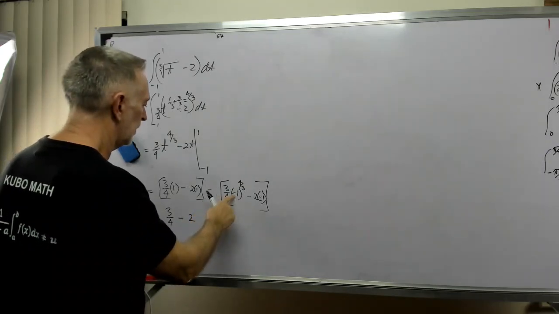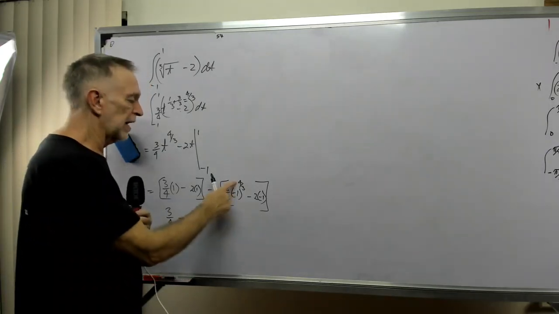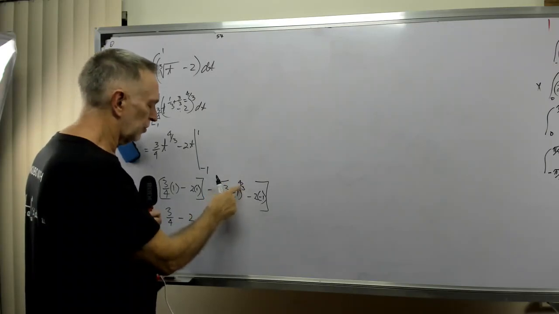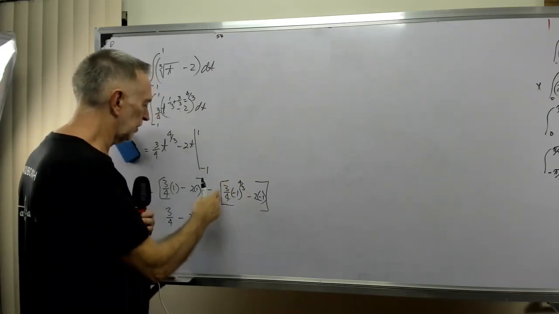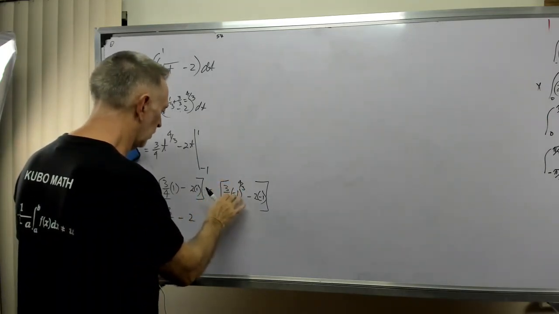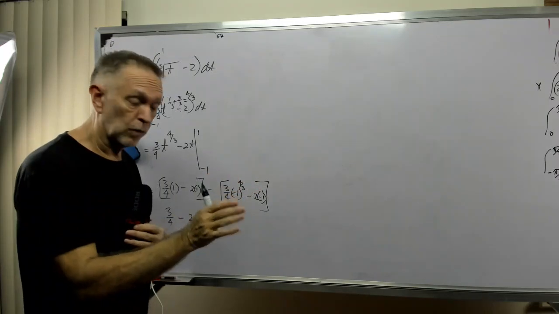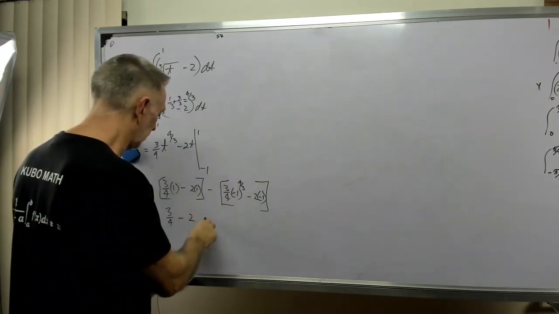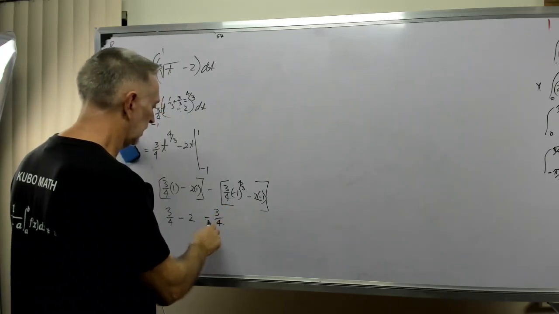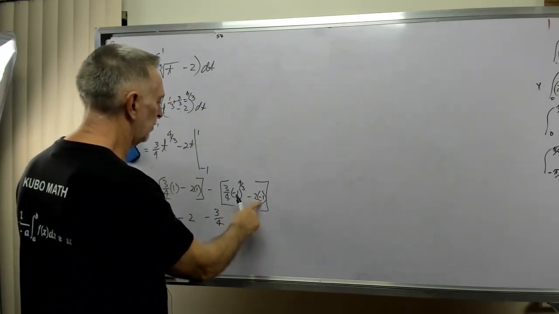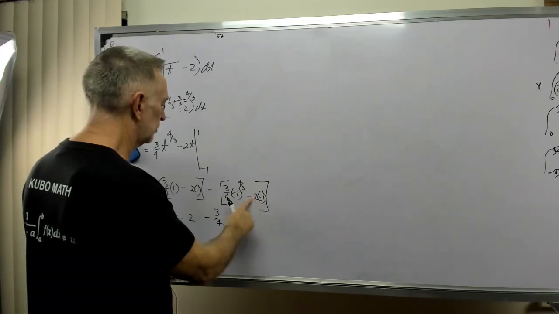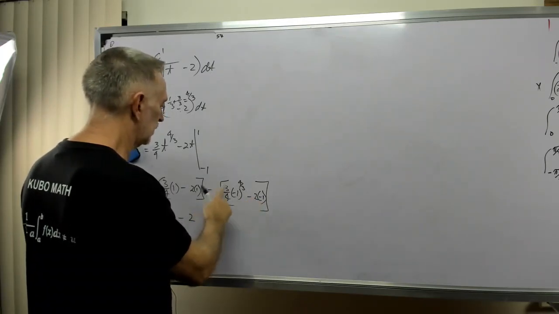All right, -1 to the 4th power gives me 1. 1/3 of cube root of 1 is still 1. So I end up with a positive 1. 1 times 3/4 is 3/4, but I have a negative. So I'm going to say minus 3 over 4. Okay, and then 2 times -1 is a -2. -2 times this gives me a positive 2, but this gives me a minus 2.